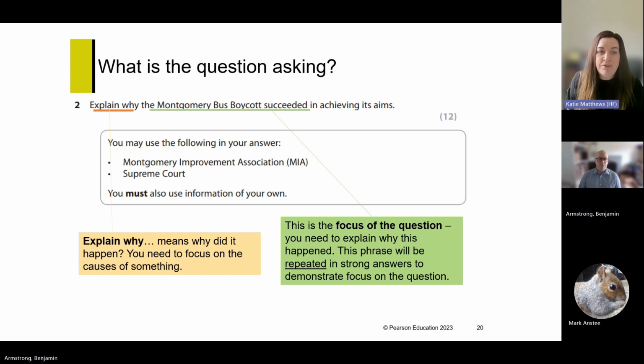You need to cover 3 areas of content as well to make sure that you're being able to access the higher levels of the mark scheme. The focus of this question is on the Montgomery bus boycott succeeding, and that's the bit that we would expect to see repeated throughout your answer to really show the examiner that you're focusing on the question.